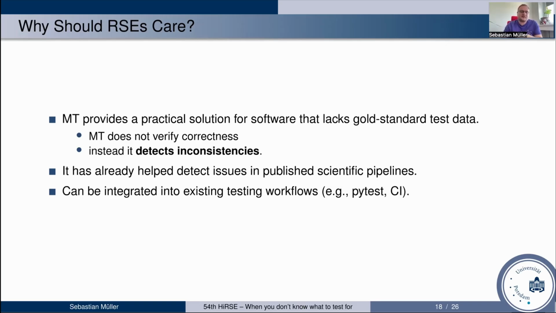And we have also applied it to Polarity Jam, a tool in the biomedical imaging community that is used to segregate cells from biomedical imaging data. So in all cases, we have found issues that were unexpected by the domain scientists who had originally published their software.